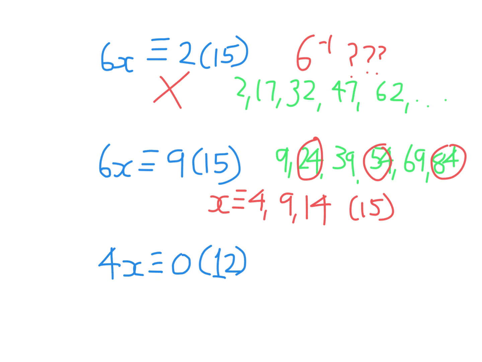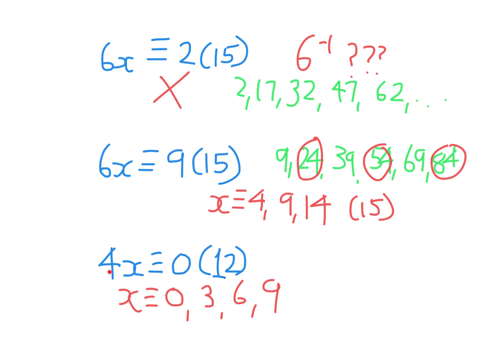4x is equivalent to 0 mod 12. That also causes problems when you're dividing 0 by a number. It's got the issue of zero divisors. Of course here, x is equivalent to 0 is one solution, but 3, 6, 9 also give you solutions.